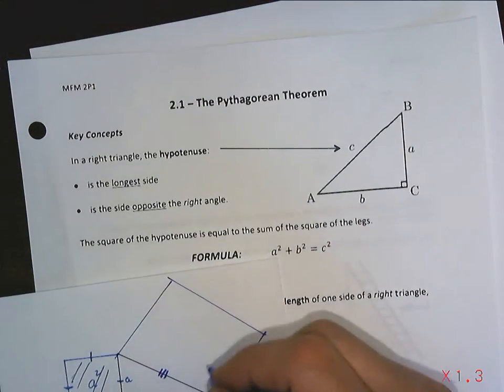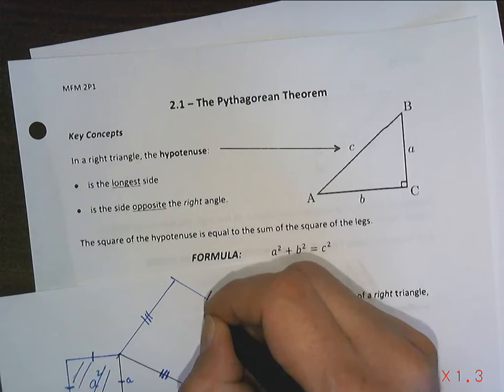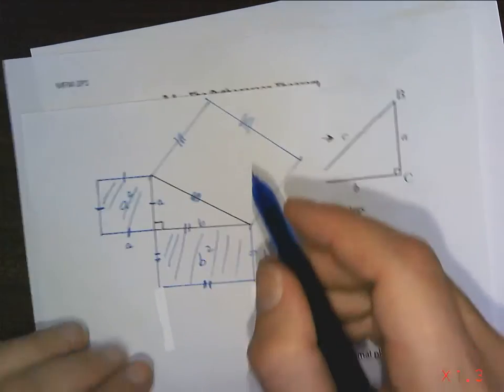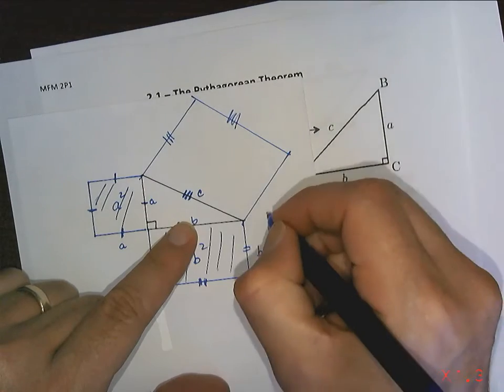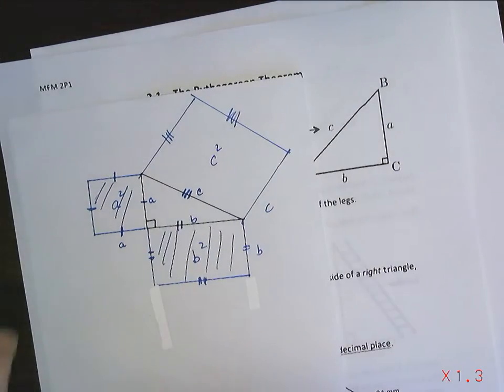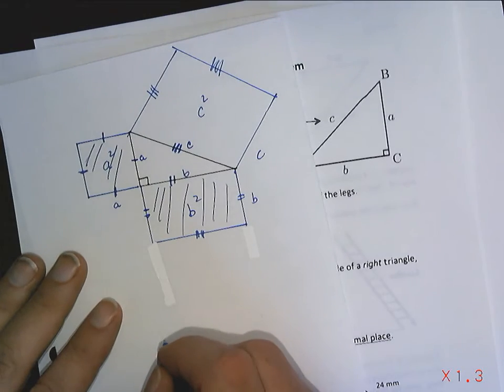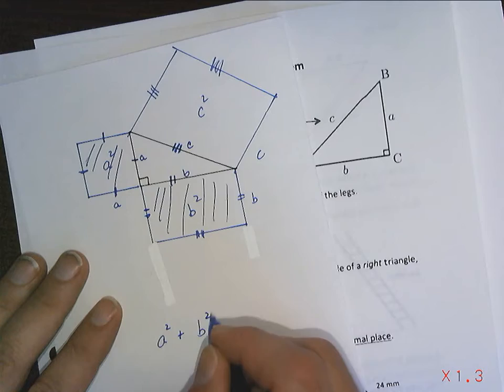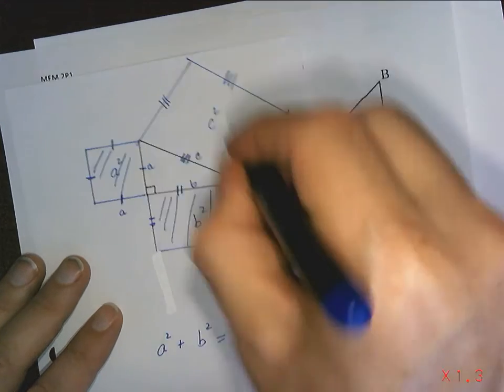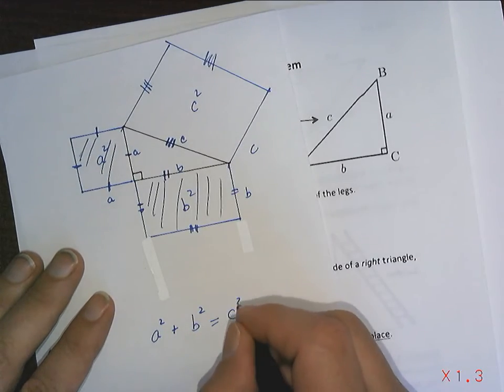That these two would fit perfectly into the hypotenuse squared. And sometimes we call it C, in which case this is C squared. So he figured out that the area off of this side plus the area off of this side would fit perfectly into the area in there.